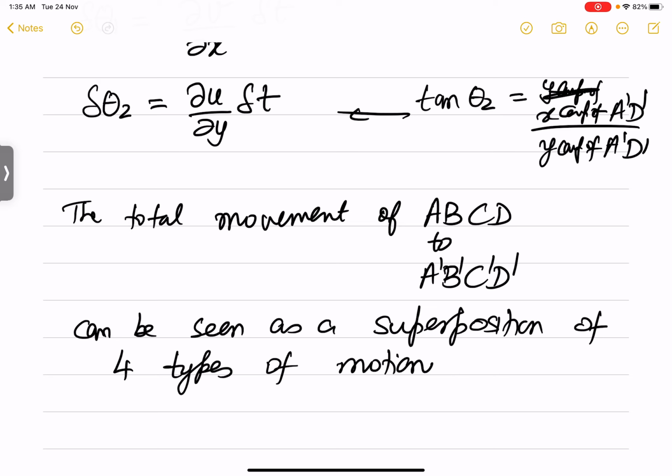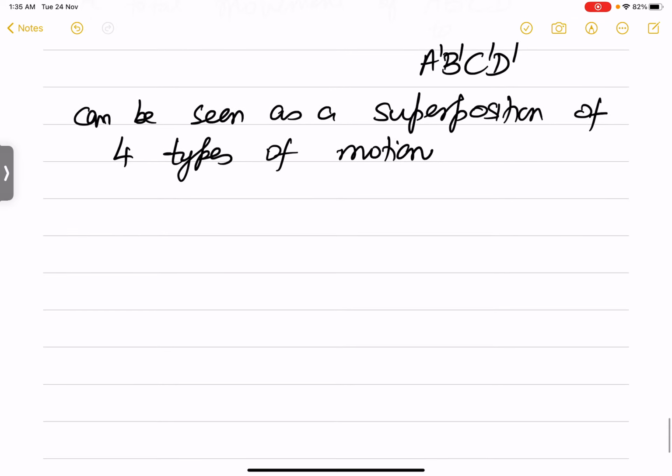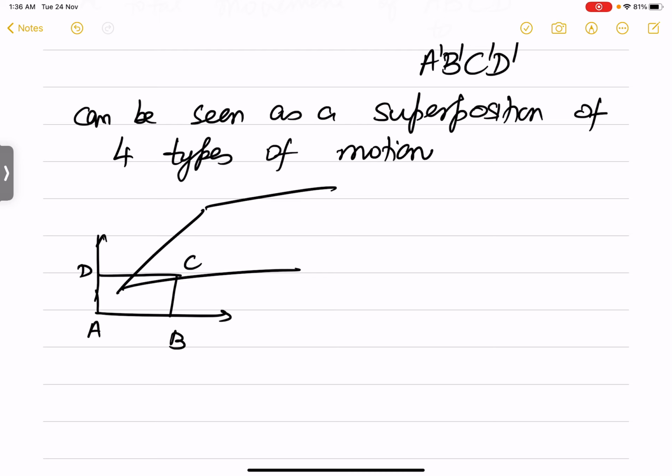Let us see if we can identify some of these. So this was A, B, C, D, and this has now moved to, I've probably drawn it too big, A prime, B prime, C prime, D prime.